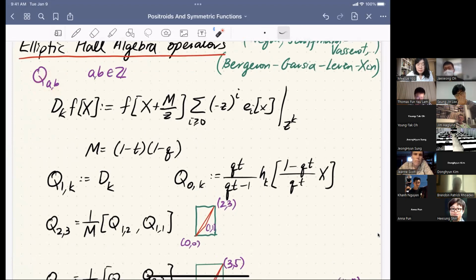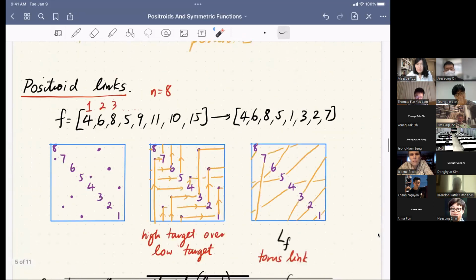And the one feature is that the positivity, all these conjectures about Schur positivity and so on, they seem to only come up in the positive part of the EHA, not in the negative part. So you need your A and B to be positive, and even more, the positivity is stronger.